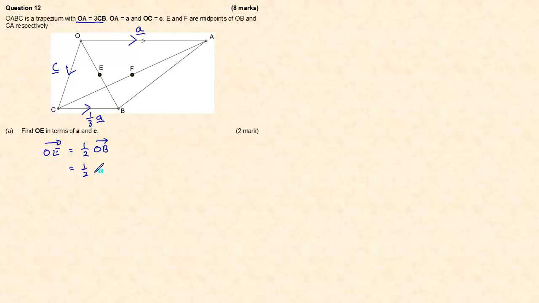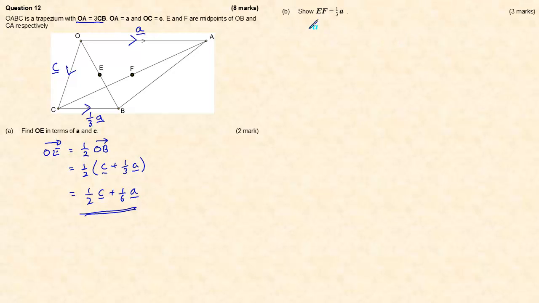So that's going to be a half of O to B is C plus 1/3 A. So we can see that that's a half of C and 1/6 of A.